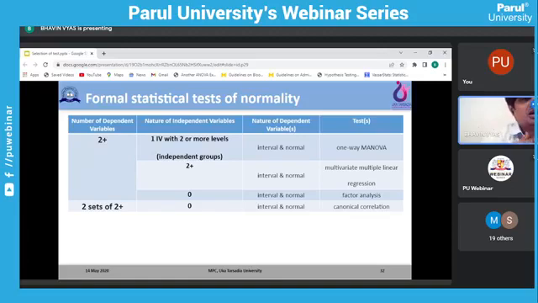Simultaneously you have more than two dependent variables and more than two independent variables, and you need to verify the effect of the independent variables on the dependent variables simultaneously. Then you can go for this type of analysis, known as one-way MANOVA, multivariate analysis of variance.